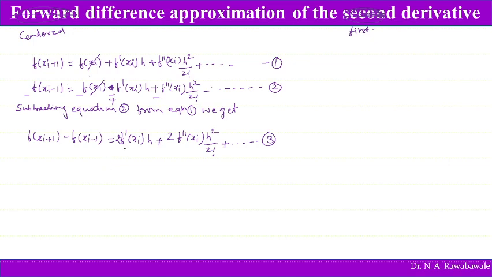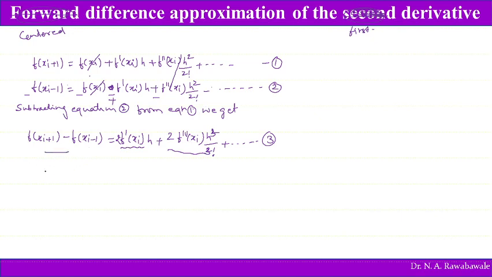We want to find the derivative, neglecting these higher terms. So first we transfer the higher term to the right hand side, and this term is transferred to the left hand side.